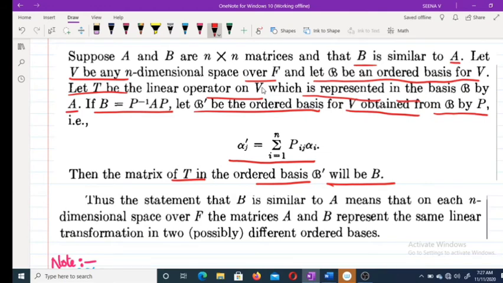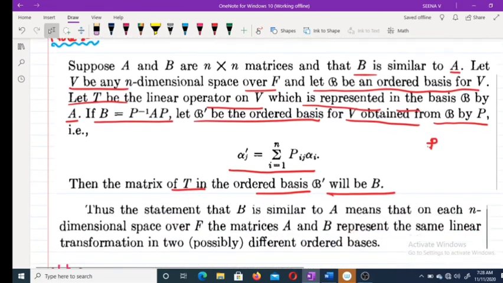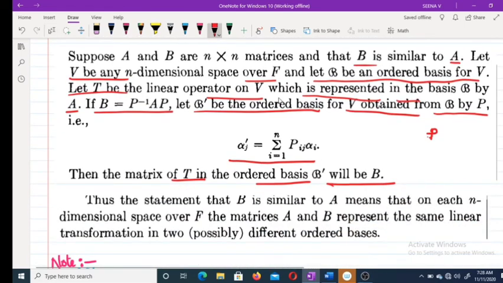Here we have been given a matrix P, and B is an ordered basis. Where is P given? We are given that B is similar to A, which means there exists a matrix P such that B equals P inverse AP.